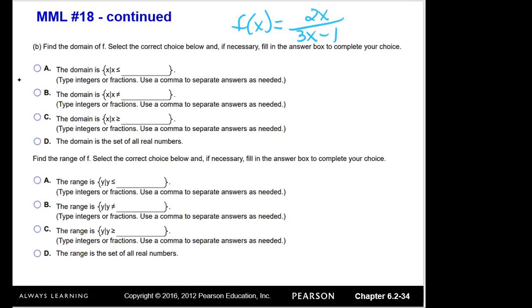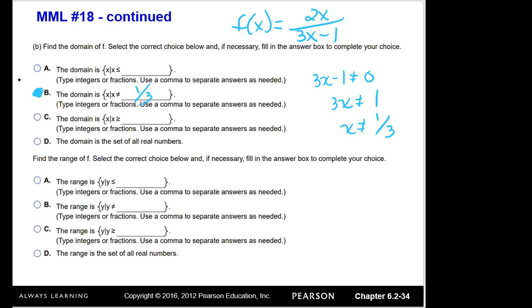So if they want to know what the domain of that is, I have a denominator with an x in it. So the 3x minus 1 is not allowed to be 0, which means if I add 1 to both sides and divide by 3, x is not allowed to be 1/3. Boom, there you go.